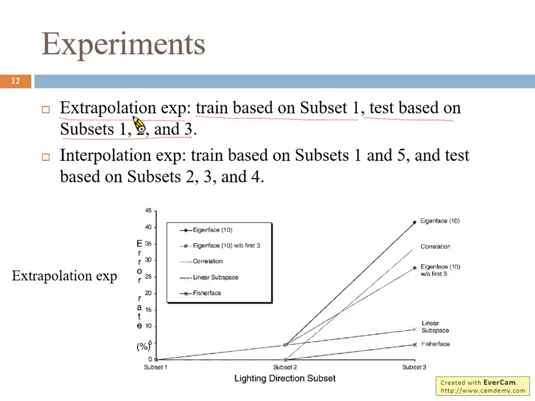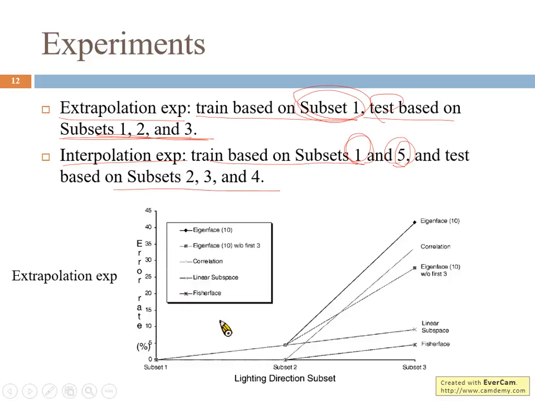This is called extrapolation because we use the simplest data to do training, but we test with harder face images. The second experiment is the interpolation experiment. So we train based on subsets 1 and 5, the simplest one and the most difficult one, and then test based on subsets 2, 3, and 4.